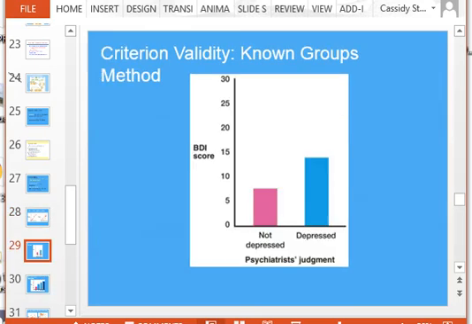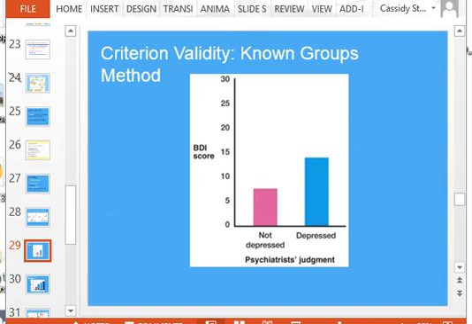Now, the known groups method here is a little bit different. If we know that people belong to a certain group, such as whether they are depressed or not, then if I give them my measurement of depression, those people who belong to the not depressed group should score and fit into the not depressed group.